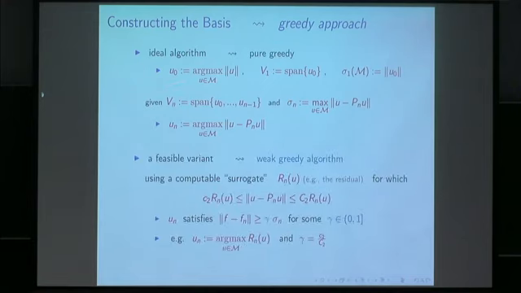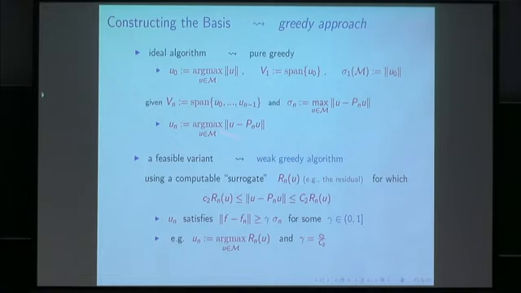This is usually not realizable, because finding the furthest element requires a lot of computations. So we want to do some feasible variant, which is called weak greedy algorithm. What is the property there?